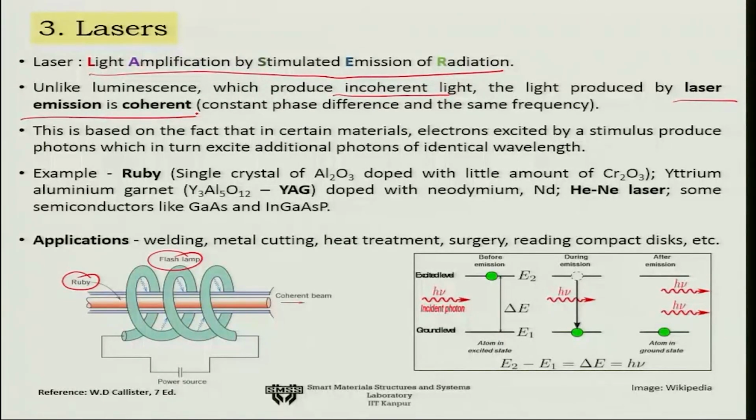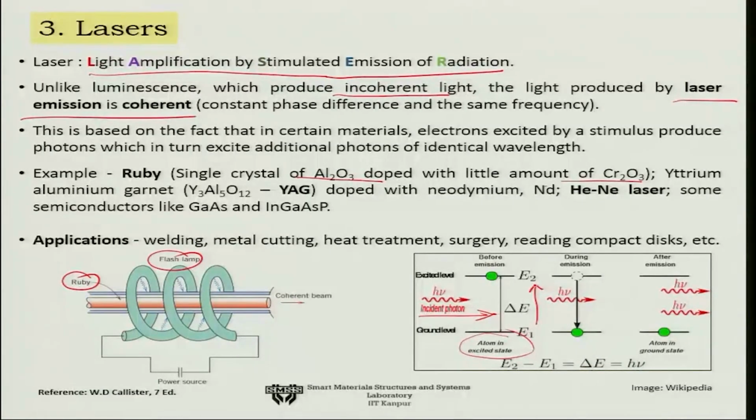So when you consider this ruby, which is a single crystal of Al2O3 doped with a very little amount of chromium oxide, or yttrium aluminum garnets, YAG as we call them, or helium neodymium lasers, when you excite these materials, you first get the atoms in the excited state. The incident photon comes, and some of the electrons get excited to the high energy state.